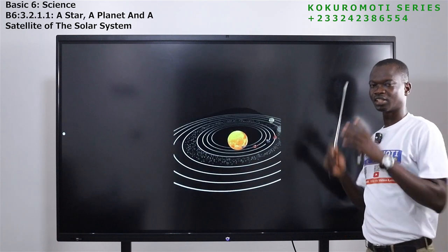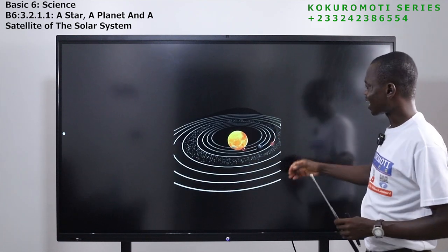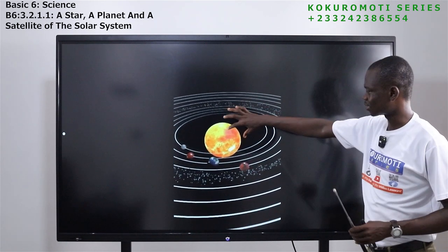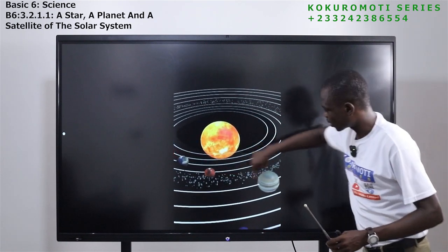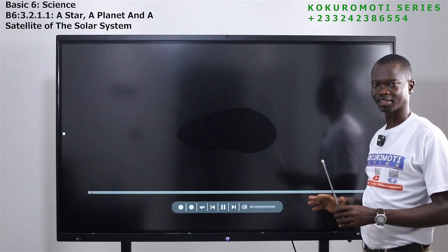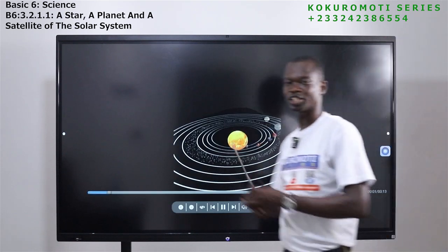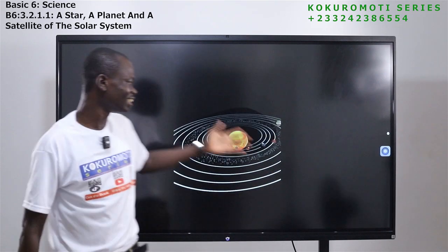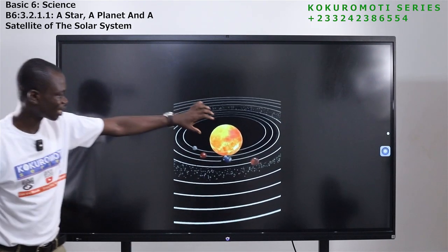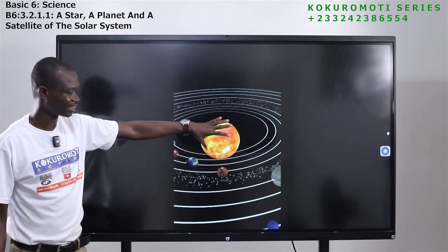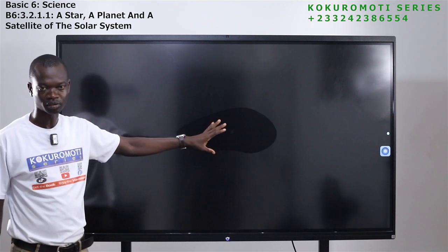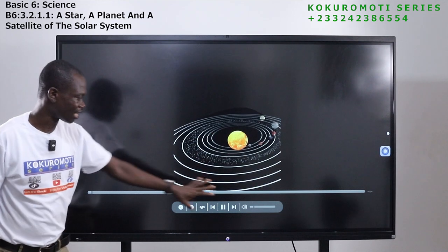So planets are objects that move around the sun. Have you seen it? If I ask you to explain planets, just try to recall this video: the bigger one in the center is the sun, and the other ones that are moving around the bigger one, which is the sun, are the planets.